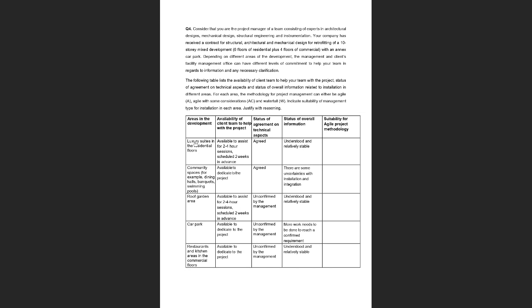Since it's a mixed development, you have a car park, you will have restaurants, you will have residential floors. So all of the different areas are given in the table. And also, some other things are given in the table. I'll just read out here: the following table lists the availability of the client team to help your team with the project.